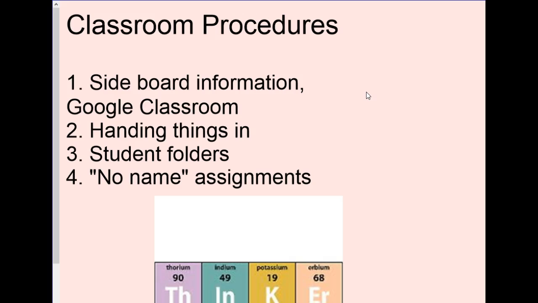Okay, if we have any worksheets that go out, I'll try as much as possible to digitize things, but I'll also put a hard copy into your folder. Digitizing depends on the photocopier working. Sometimes it goes down. No name assignments, those are posted to the front board. So if you get a printout or a progress report and it looks like you're missing things, it's likely because you never put your name on it and I don't know who it belongs to.